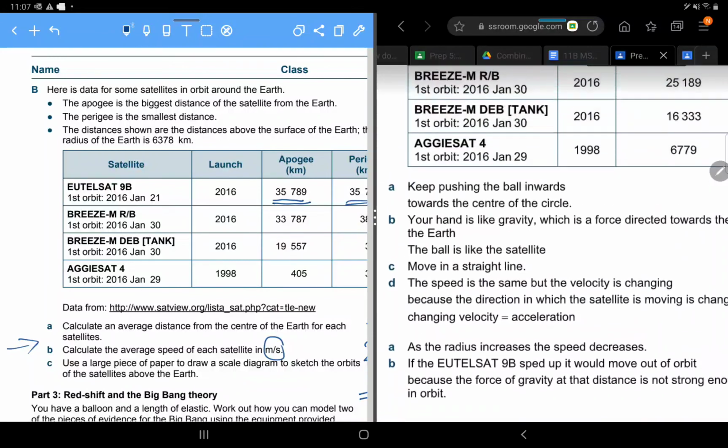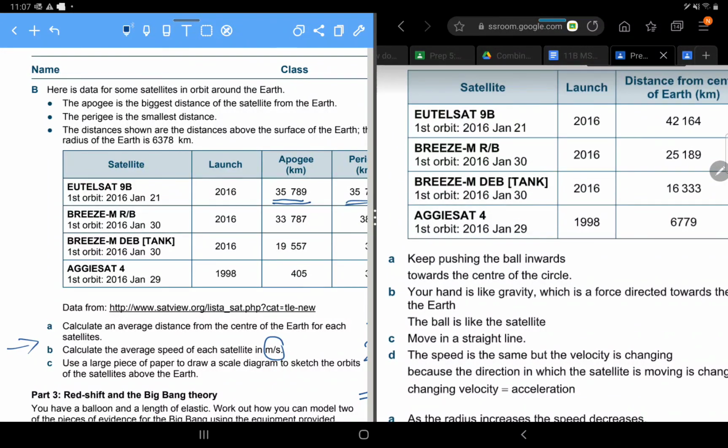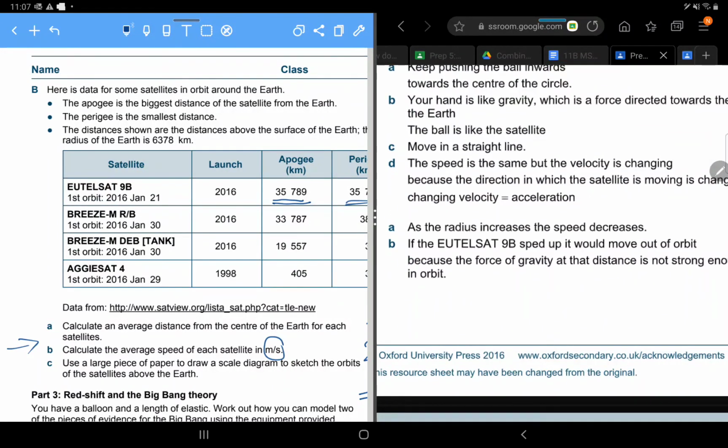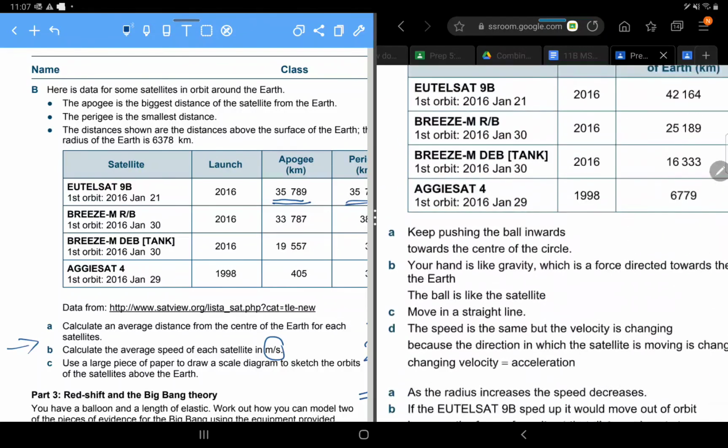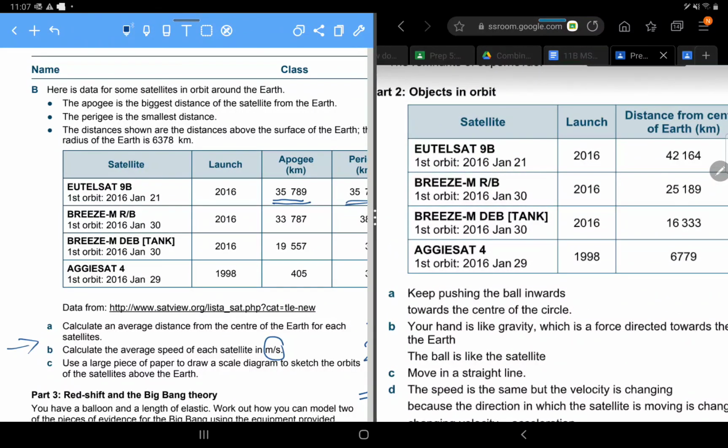I think it gives us the centimetres on the sheet. That's just doing a scale map of how far out they are from the orbits. So in this case, we'd have a scale diagram of the Earth, and then one orbit, and the next, and the next.